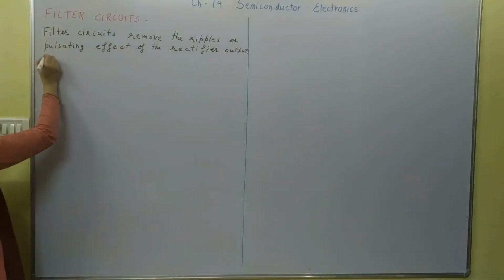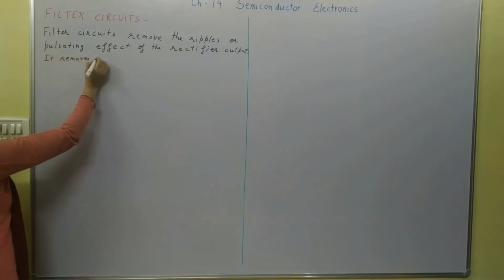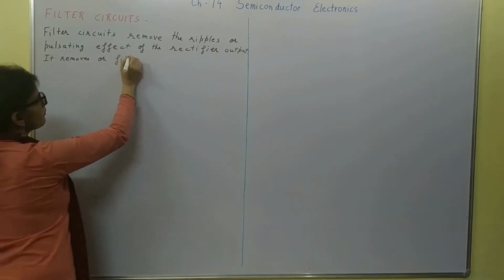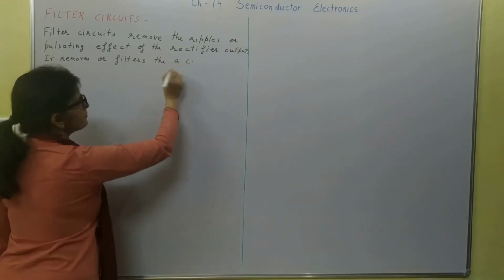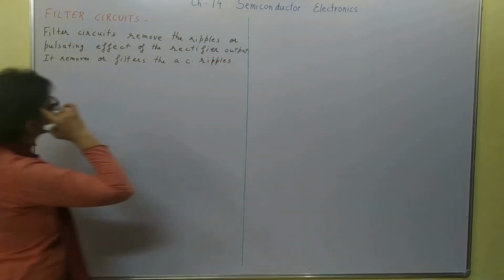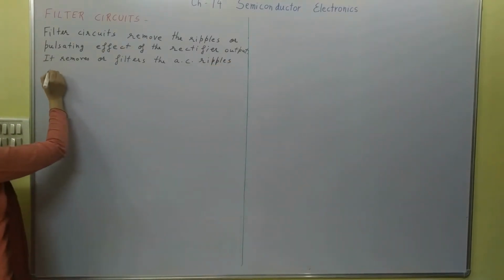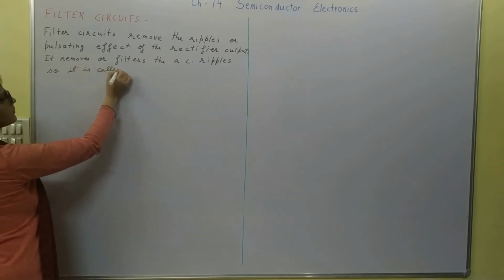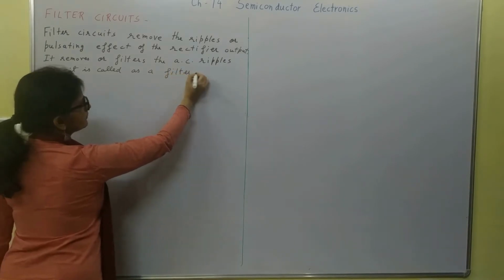That means it removes or filters the AC ripples. Therefore, it is called a filter circuit.